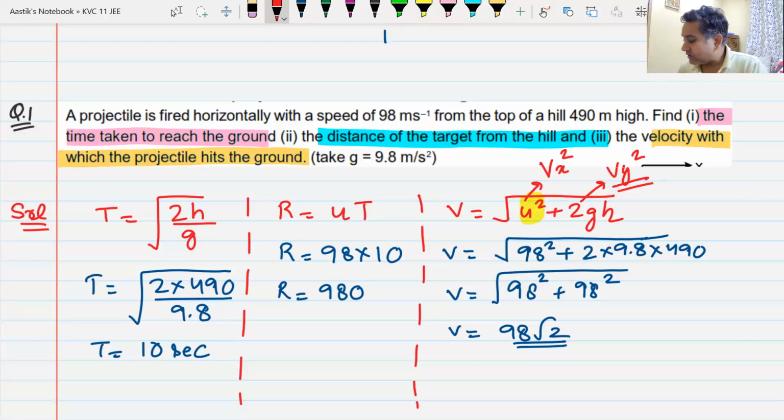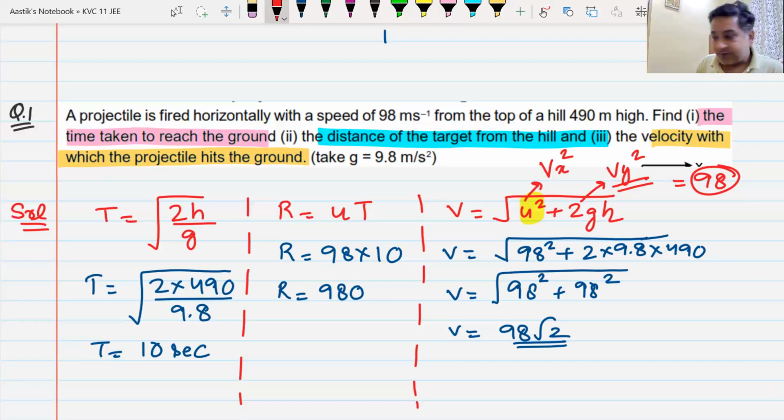So you can get the velocity y component as 98. g multiplied by t. Are you getting my point? So you can do it this way or you can do it that way. Any way that you do, you will get your answer as 98 root 2. Do we understand this? Yes or no?